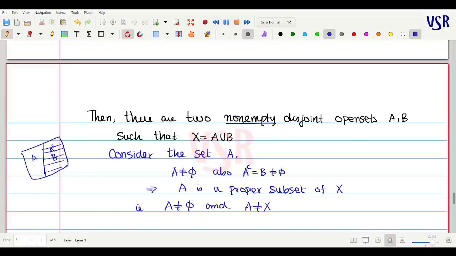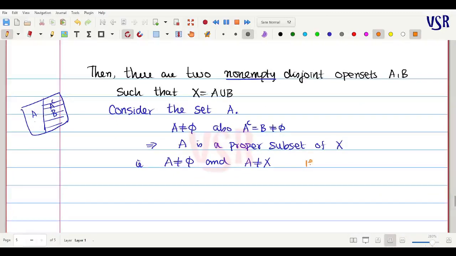Why is A not equal to X? Suppose A is equal to X. But X is equal to A union B, so this would imply that A equals A union B. That implies that B is a subset of A. B must be a subset of A, correct? Only if B is inside A do we get A union B equal to A. Now B is a subset of A, but B intersection A, which is equal to B, is non-empty.